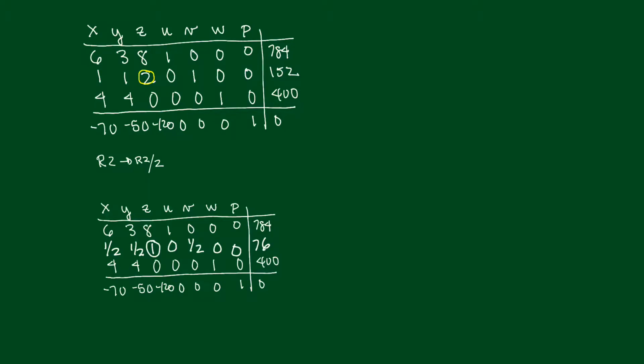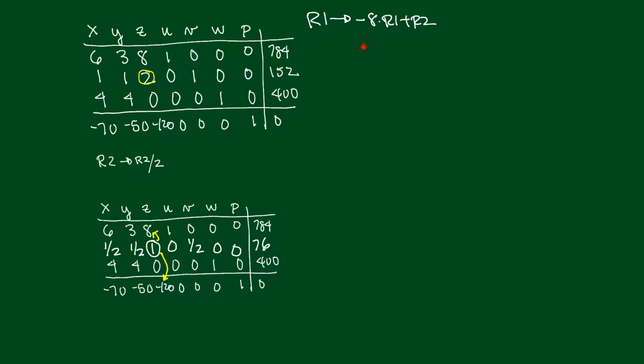Now we're just going to do our regular pivot operation. What I'm going to try to do now is get a 0 here with row 2 and row 1, and then row 2 and row 3 to get a 0 here. So let's start up on the top right here. I'm going to use row 2 and get a 0 here. I take the opposite of that number. Row 1 is going to get replaced with negative 8 times row 2 plus row 1.